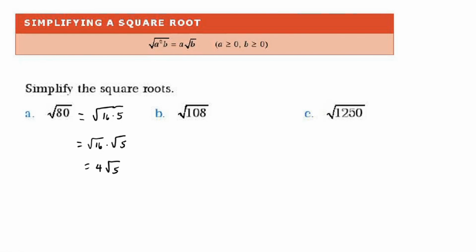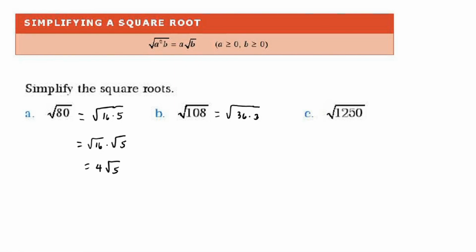Okay? So you are going to find the factors of 80 where one of the factors is a perfect square. All right, what about 108? Can you think of the factors of 108 wherein one of the factors is a perfect square? I guess the factor for this is the square root of 36 times 3. 36 times 3 is 108, and 36 is a perfect square.